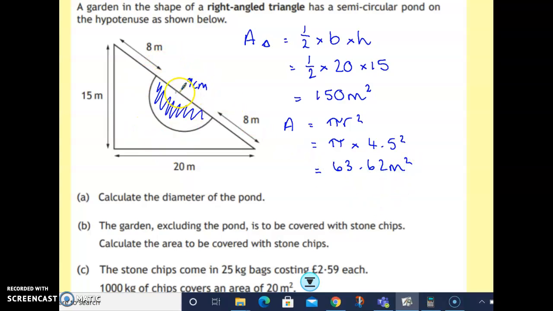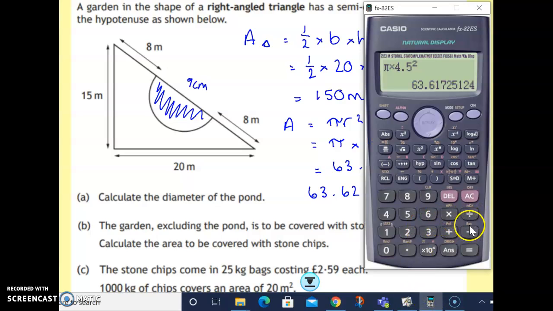We want just the area without this bit, so we need to take it away. Oh no, before I do that, I've got an important step. That gives me the area of a full circle, but I don't want a full circle, I want half the circle. So I need to divide it by 2. It's 31.81.